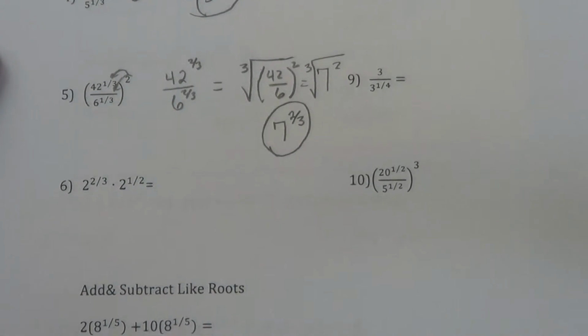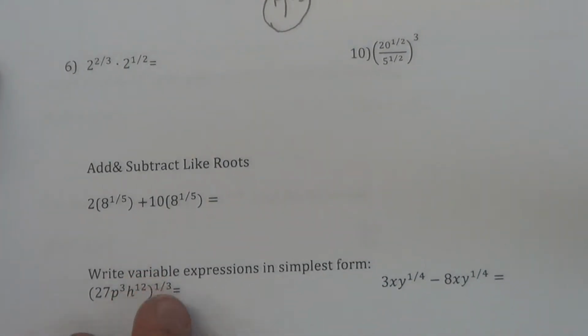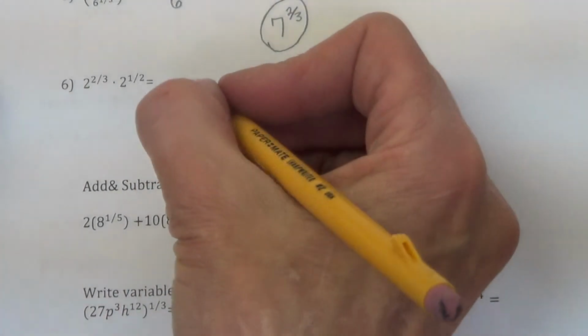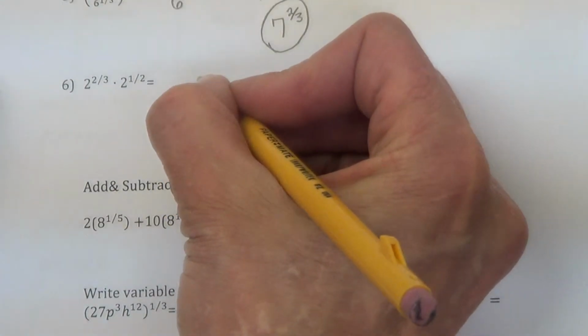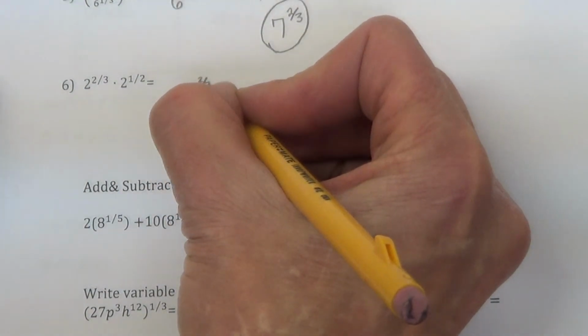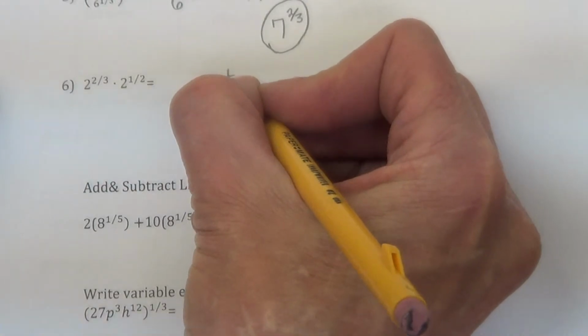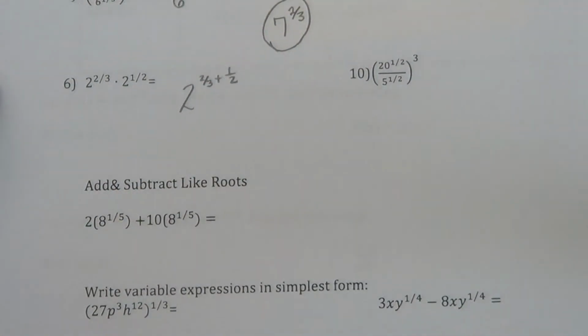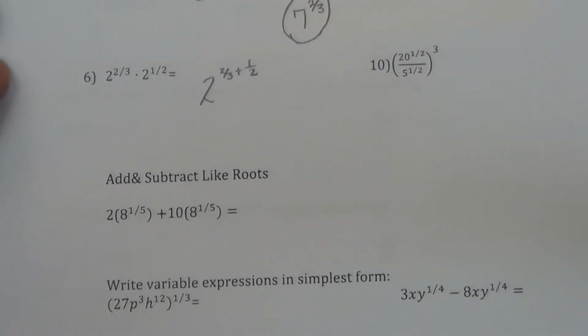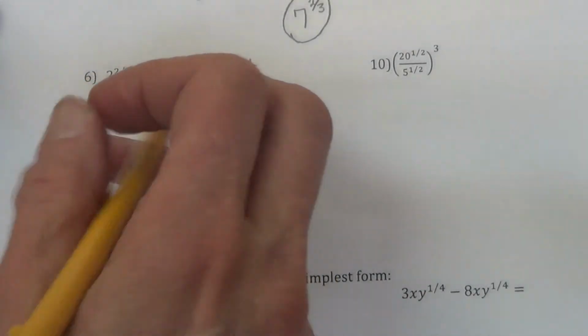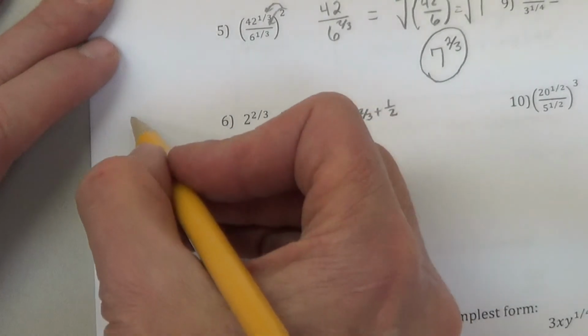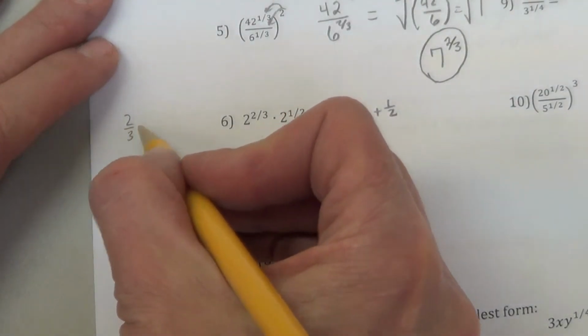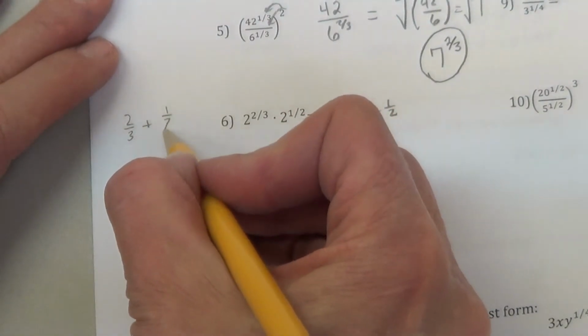Okay. Next one. We have 2 to the 2/3 plus 1/2. Well, now we're taking fractions that don't have like denominators. So you need to make sure that you remember on fractions without like denominators, we have to get a like denominator. So we have 2/3 plus 1/2.